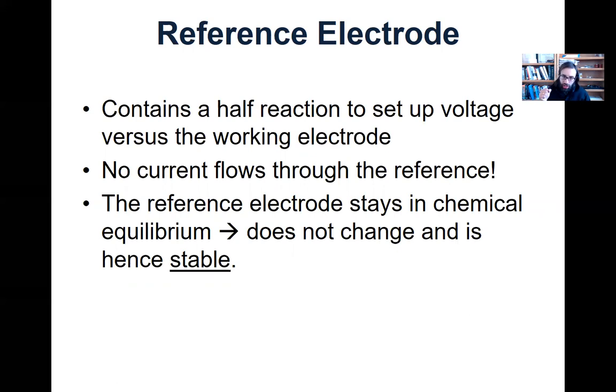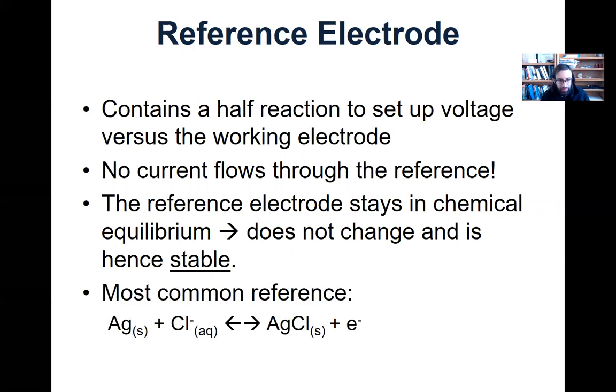So what you want to do is just probe this half reaction, probe what its chemical potential, chemical voltage is, but you don't want to alter it, because if you alter it, then you're changing its voltage. It's no longer stable. You want something stable. And so the reference electrode is staying in chemical equilibrium so that it always has the same voltage. It does not change and is hence stable.